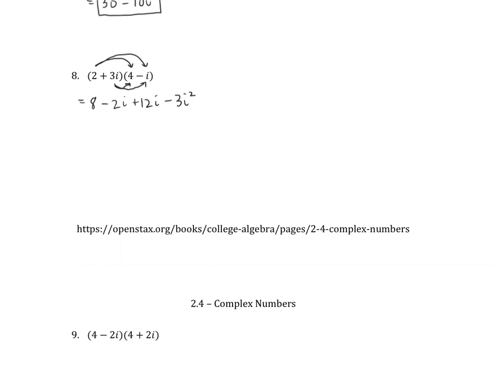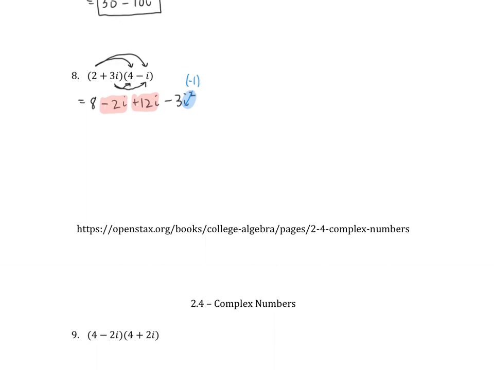Okay, so a couple of things we need to do here. First of all, we can see that negative 2i and 12i are like terms, so we can combine those together. And then also notice that we have this i squared. Since that has an exponent, we need to remember that that is equivalent to negative 1, and we need to substitute that in.